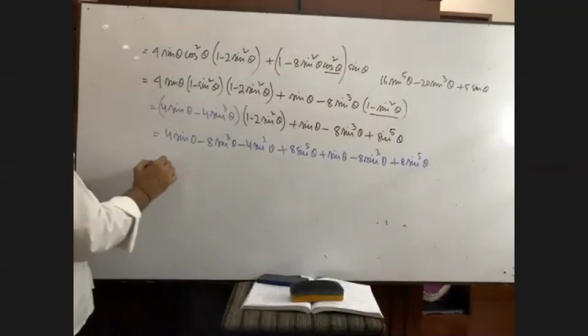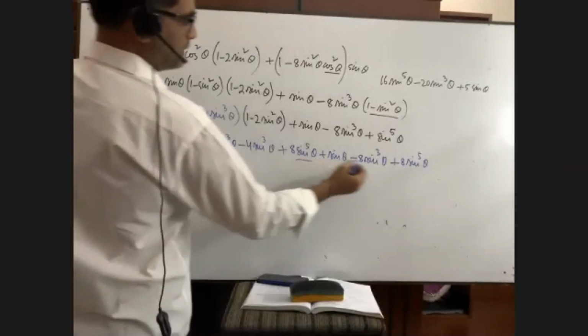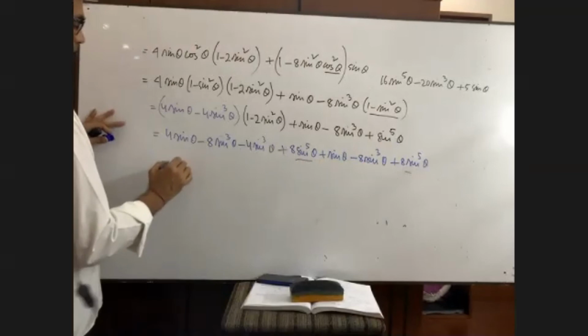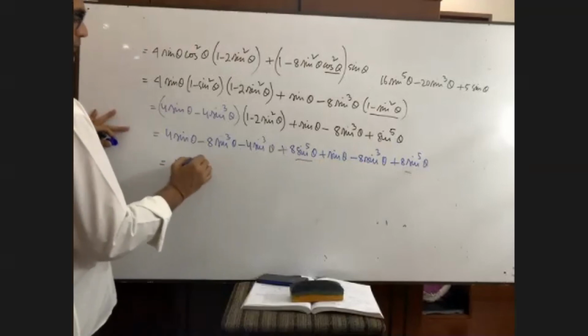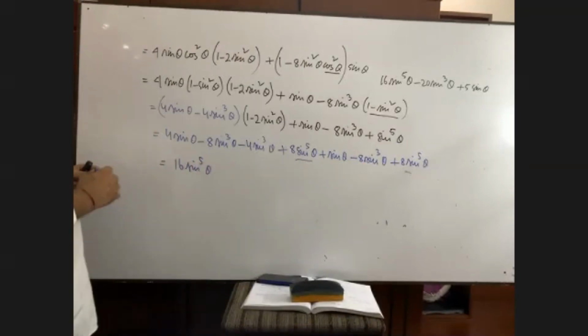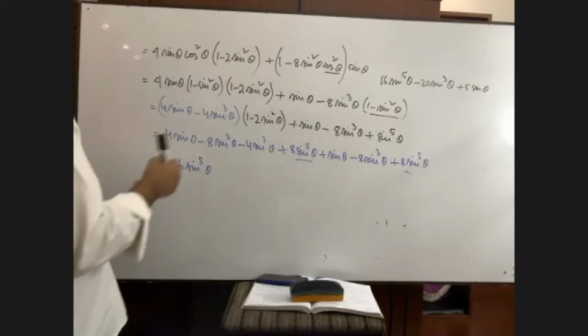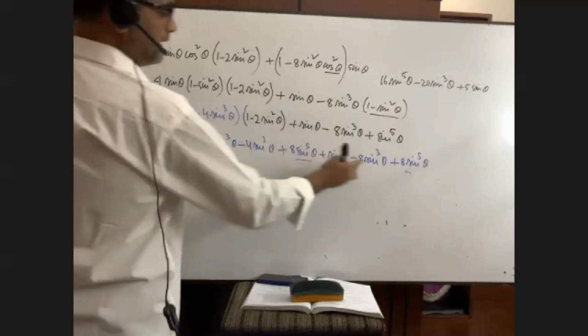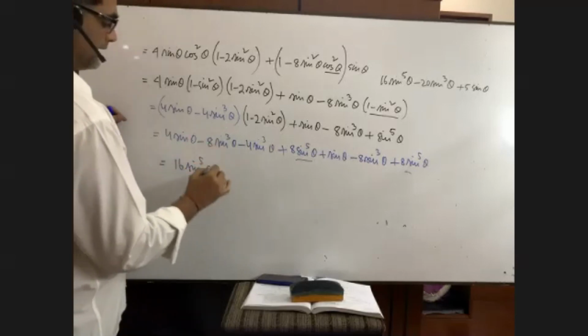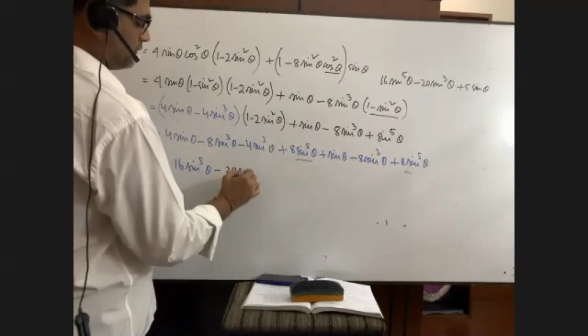Now we are getting 8 plus 8 equals 16 sin to the power 5 theta, and for cube, 8 plus 4 is 12, and 8 is 20. Can you see the proof that I wrote at first?